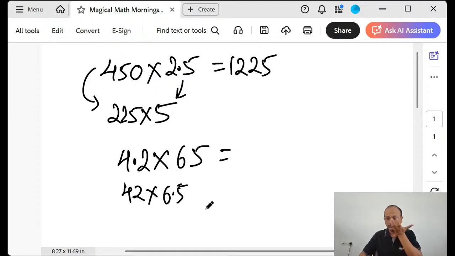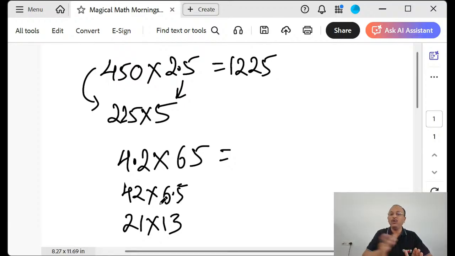Multiplication. When we do 21 into 13 in mind, we can extend the methodology of multiplication tables what we did up to 100. Correct? 21 tens are 210, 21 threes are 63. That's it. 273 is the answer. Perfect.